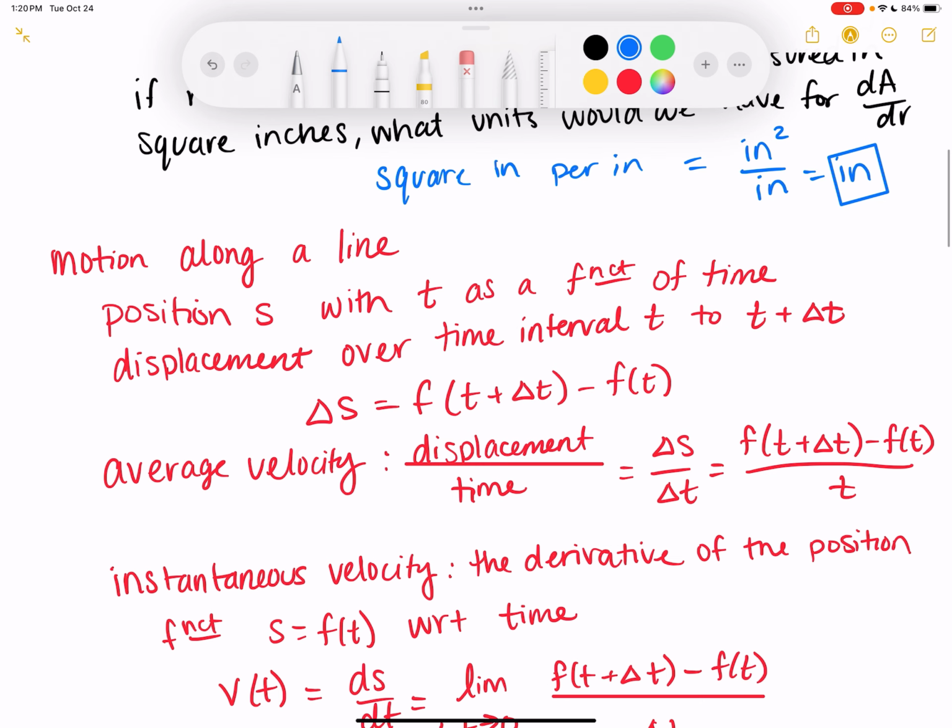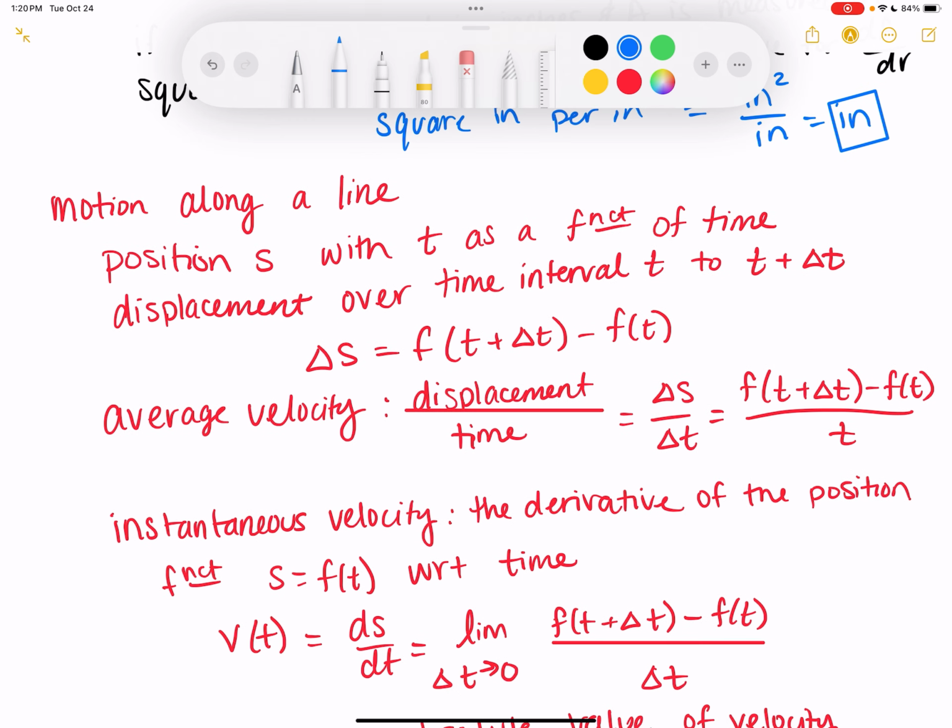I think there might be a typo on this problem because of f of t plus delta t. What is the average rate at which the water flows out during the first 10 minutes? So delta t would be 10, right? That's the change in time.